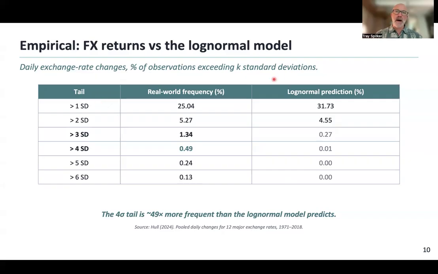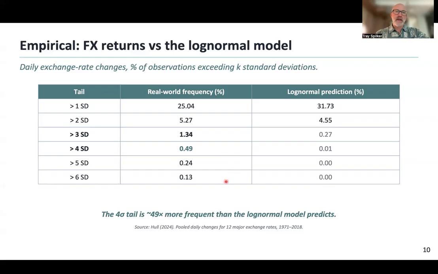So under the log normal model, which is in this third column, you'll notice, let's say, 4 standard deviations out, this should only occur 0.01% of the days, or basically never. Whereas in the real FX data, it happens 49 times more often, or 0.49% of the days that you have these 4 standard deviation moves in the spot price.